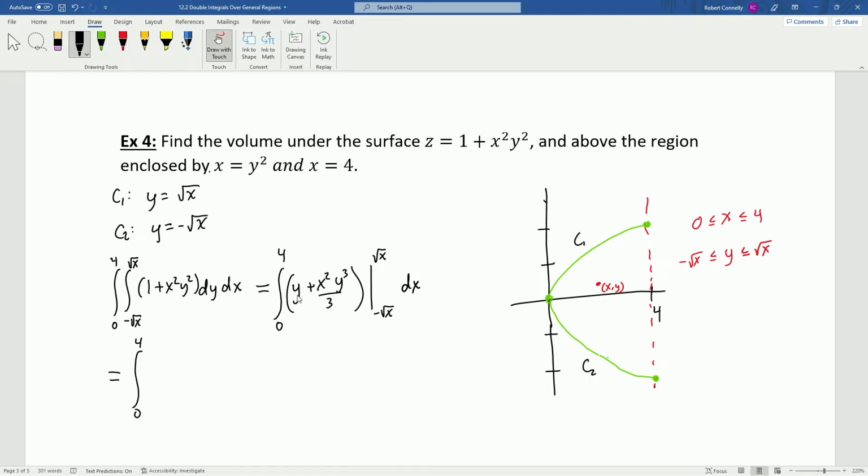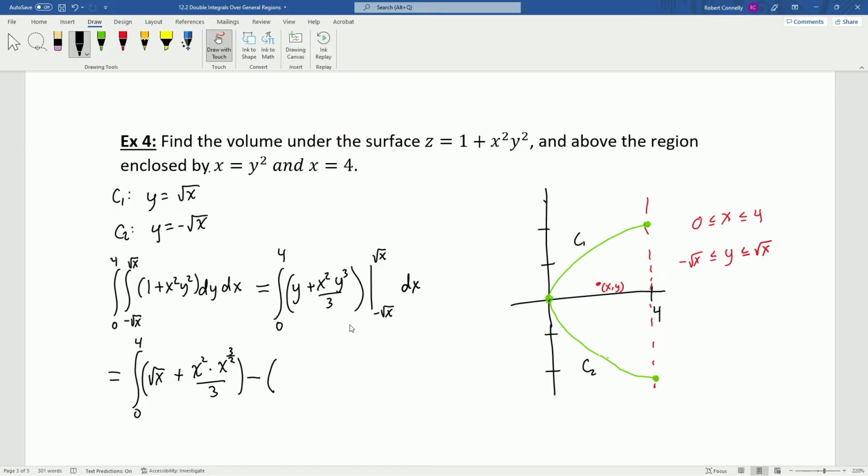Okay, so here we get the square root of x plus x squared times the square root of x cubed. But the square root of x cubed is x to the 3/2 power, times x squared is going to give us x to the 7/2 power. So I'll write that out in 2 steps. x squared times x to the 3/2 divided by 3 minus.